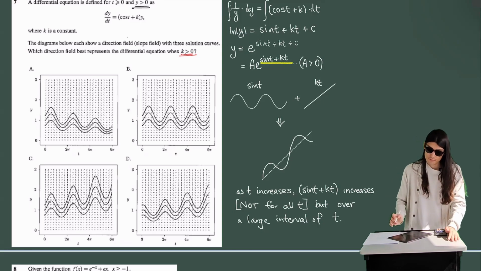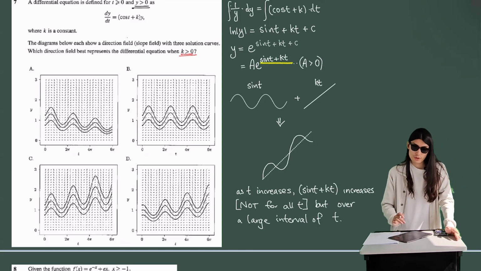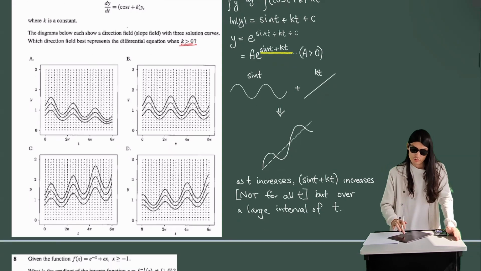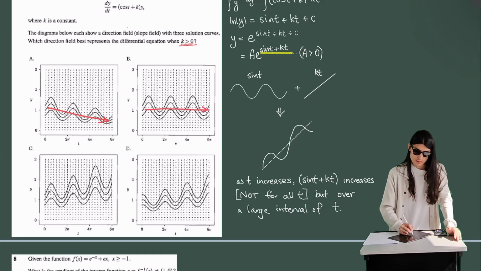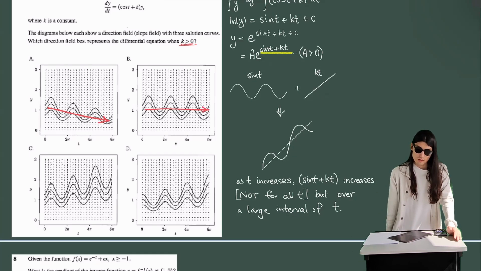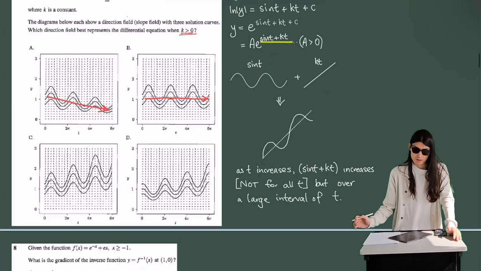Then, which one of the options show that? A and B don't. Why? Because A actually shows a decreasing trend over a large interval of t, doesn't it? B, on the other hand, shows constant.